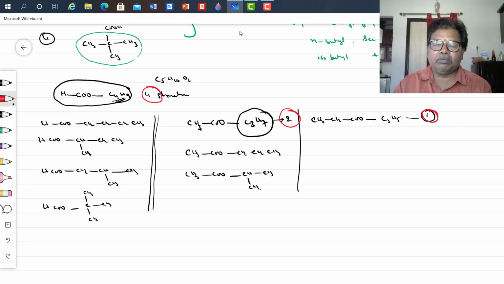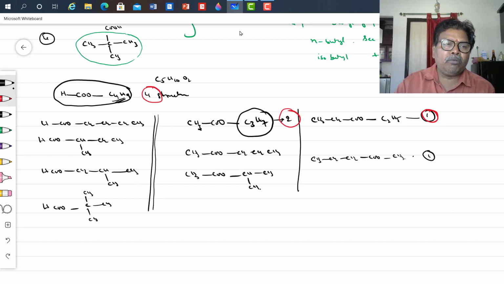Now, increase one more carbon on the left-hand side. Then CH3CH2CH2COOCH3. How many methyl groups do you have? Only one, right? So you will get only one structure.